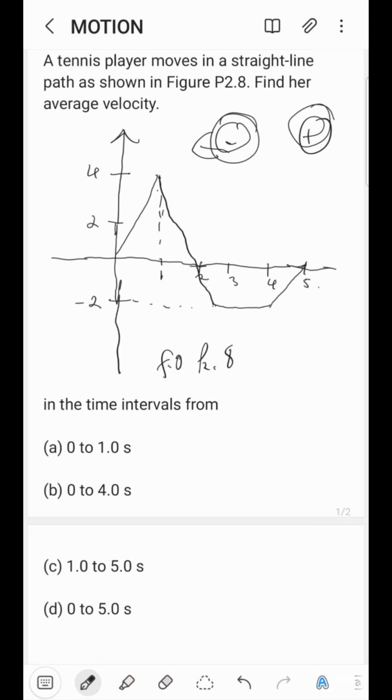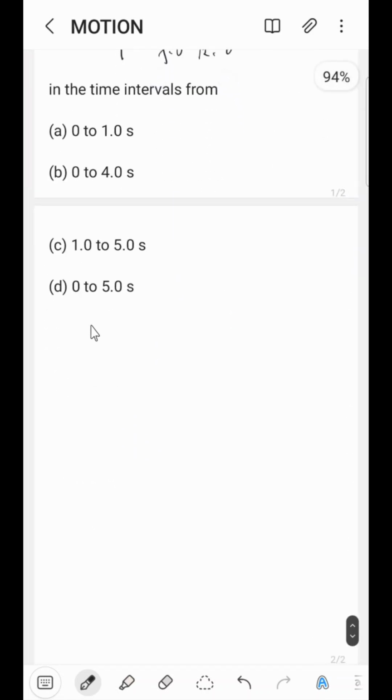Okay, so firstly we are going to write the formula for velocity. Average velocity is similar to velocity itself, because again, it is of the same magnitude as speed.